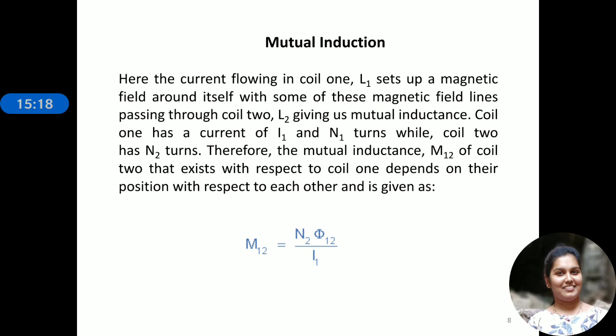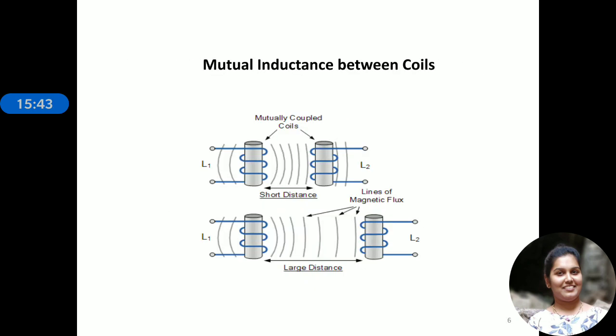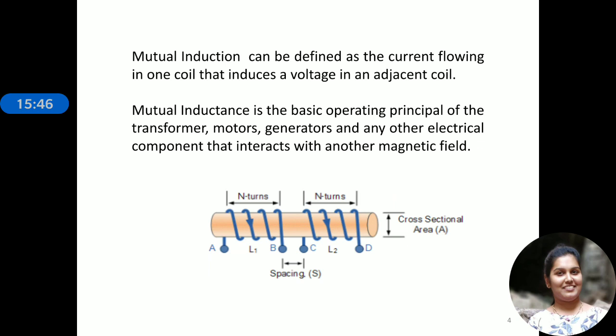Now we'll see what is meant by mutual inductance, how we write the mutual inductance term, and later what is the amount of self inductance in the two different coils. Like here in this diagram, we have taken two different coils on a single core. Now we'll see how the value of M is dependent on L1 and L2.